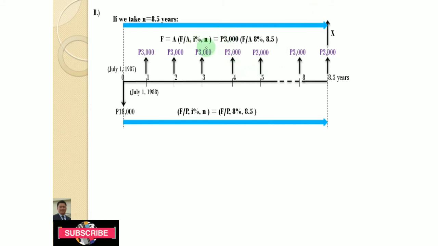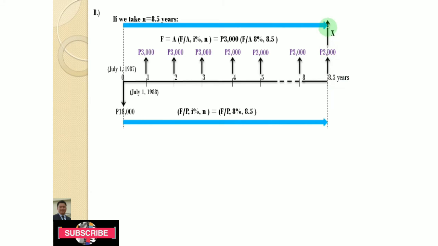As you can observe, we have this formula for case number 2, F given A. So F is equal to the annuity, F given i percent in n periods, in which our annuity is 3,000. We are only dealing with case number 2 since we are going into the value of F at 8.5 years.